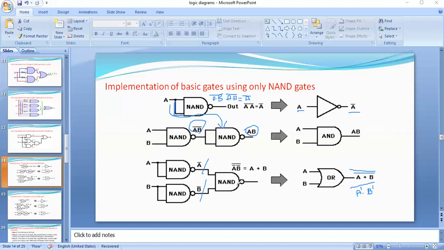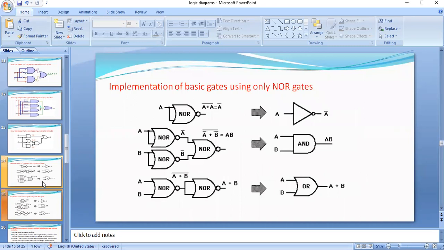So this is the implementation of basic gates using only NAND gates. Next, in the same way, I'm also going to implement the basic gates using NOR gates.